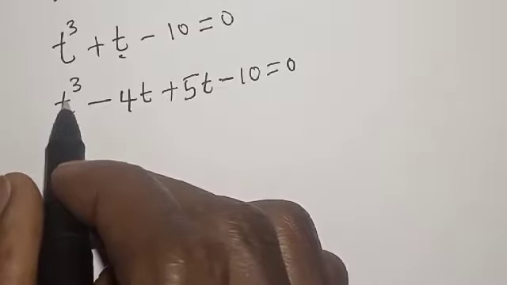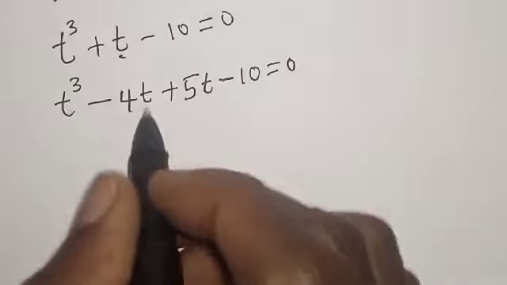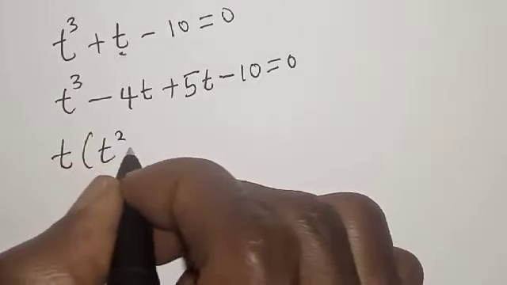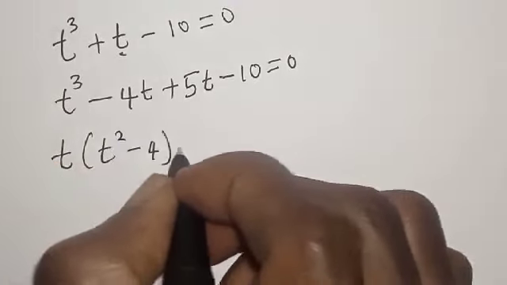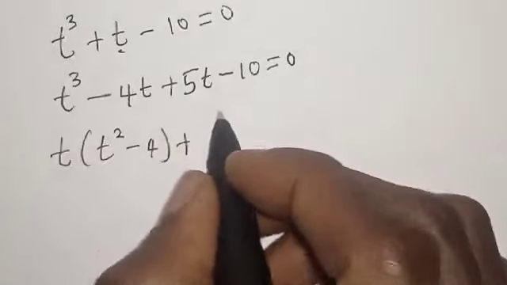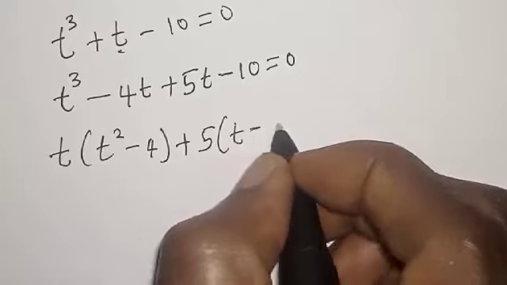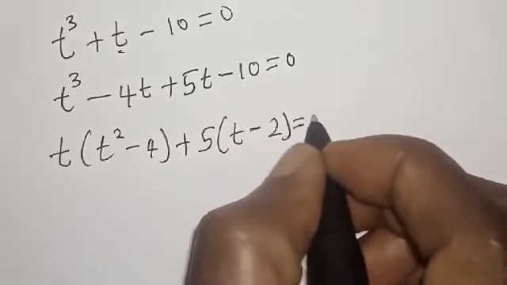Let's factor t out from t raised to power 3 minus 4t. We have t into t squared minus 4 plus 5 into t minus 2 is equal to 0.